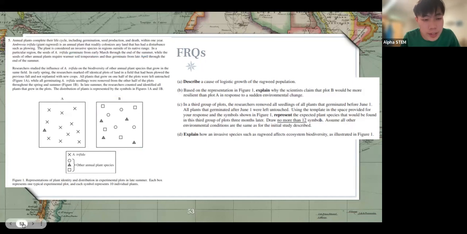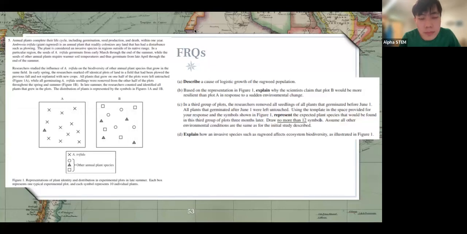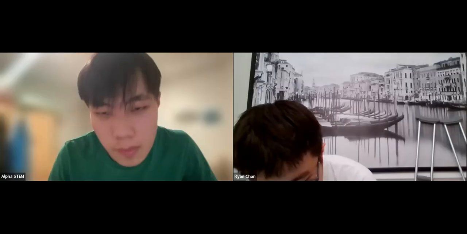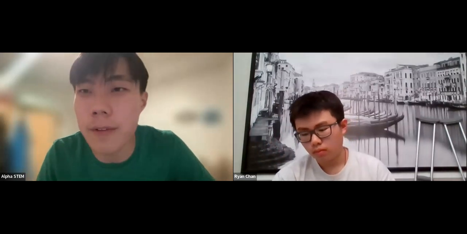Any questions on this practice problem? If not, we'll actually do another practice FRQ.